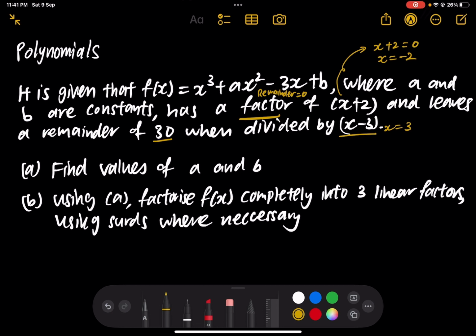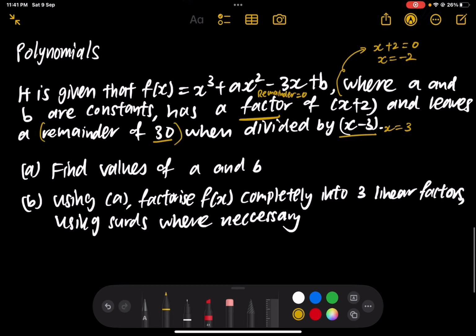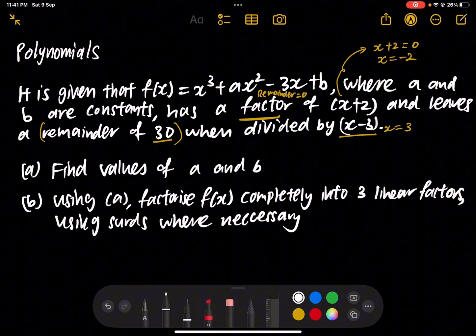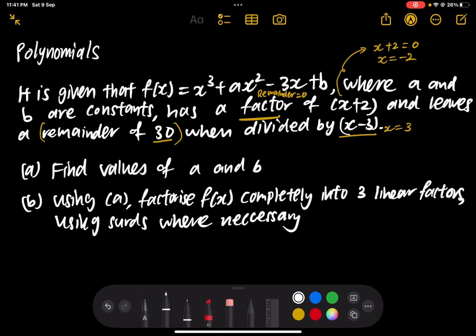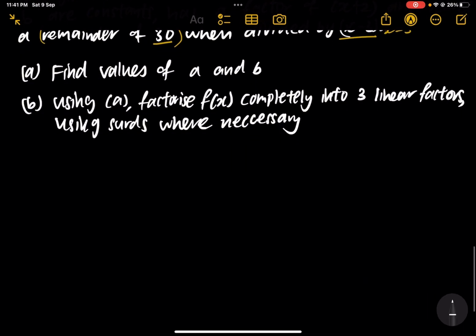Now, I will be doing simultaneous equations because I know a factor and I know something else, so I could plug it in. So f(x).